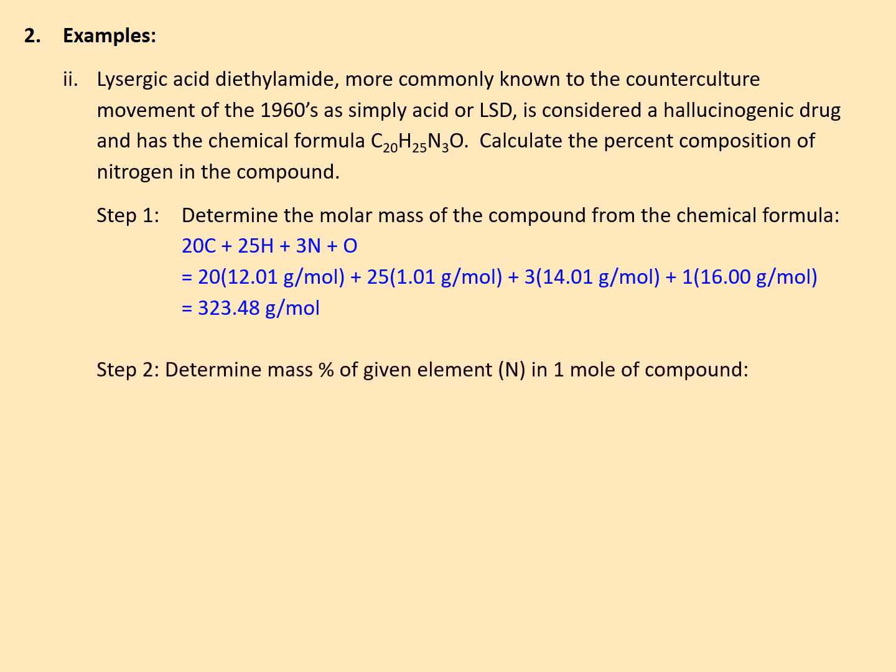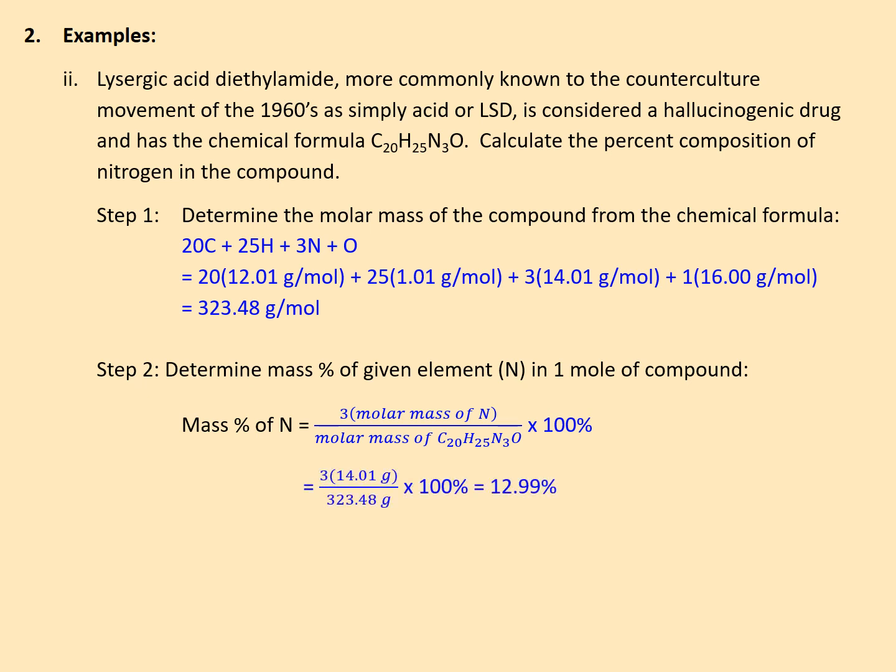With that given, the second step is to determine the mass percent of the given element. We're asked in this problem to find the mass percent of nitrogen in 1 mole of the compound. So in 1 mole of lysergic acid diethylamide, we have 3 moles of nitrogen atoms. Multiplying the molar mass of nitrogen by 3 gives us the total mass of nitrogen in 1 mole of the compound.